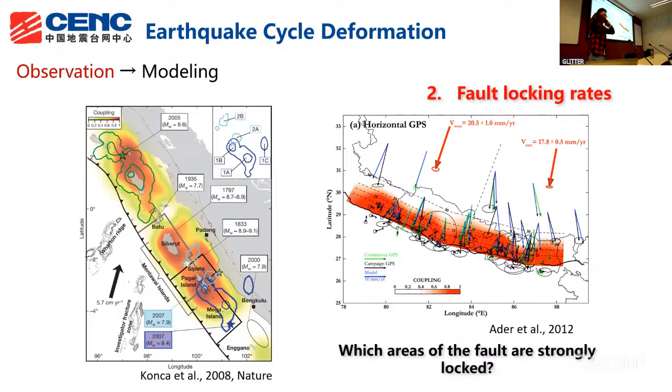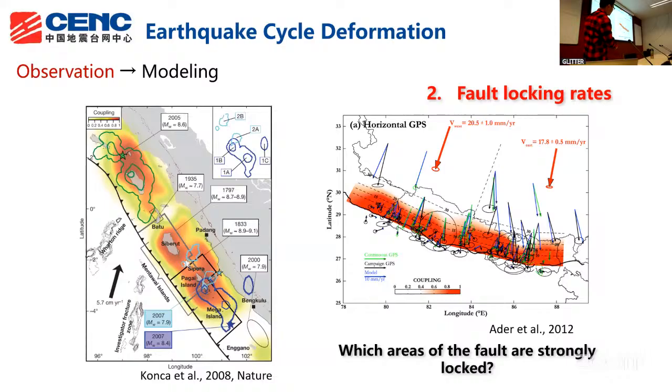But under very big tectonic stress, the fault plane can lock. It's stuck, it doesn't move. In this stage, the strain energy will accumulate fast. So we can also use the interseismic data in modeling along the fault plane to see which area has a big locking rate index.